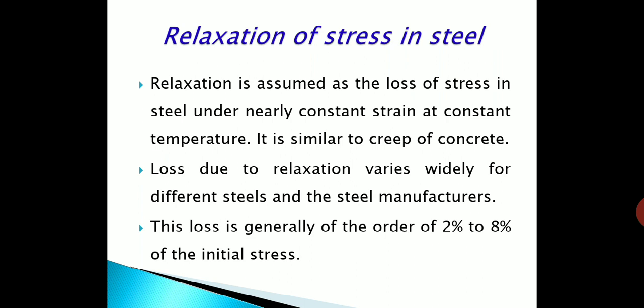Currently Tata is one of the leading manufacturers because it gives the best possible quality of steel. Similarly, other manufacturers are there, Jindal is there. So we have various manufacturers, and you should know the manufacturing process as well as the quality of steel.